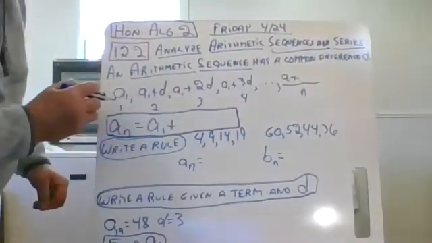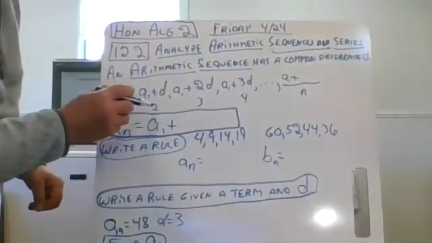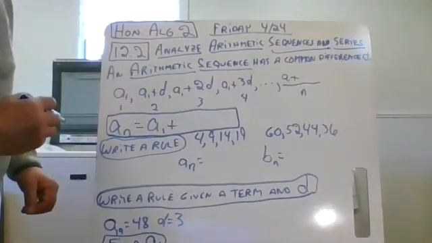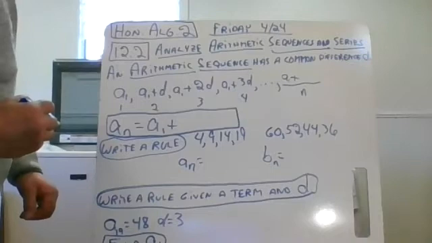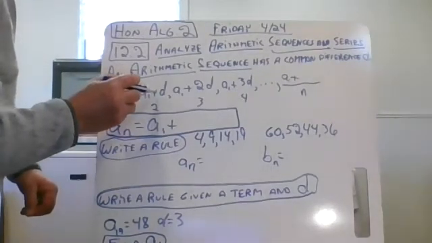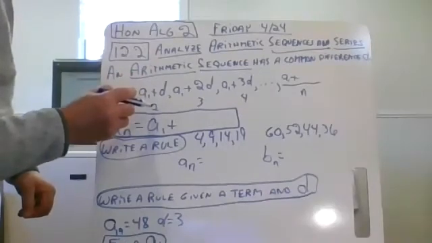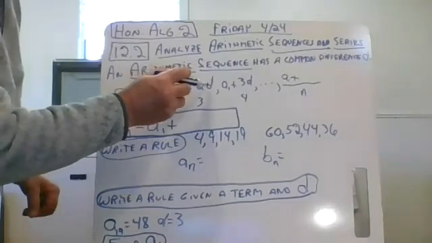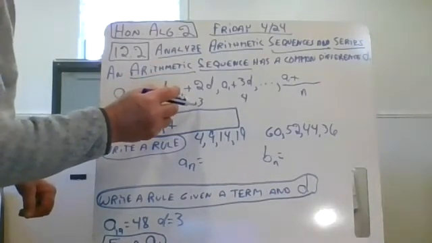Now, what's the connection between the n and the d? Here you get a sub 1 plus 1d, and it's the second term. Here it's a sub 1 plus 2d, and it's the third term.